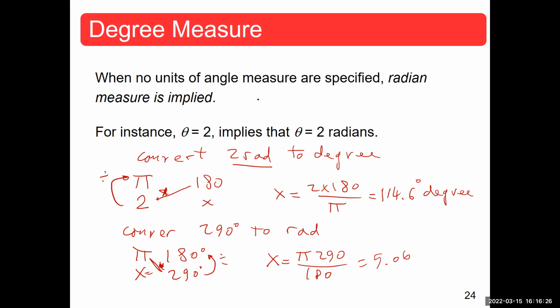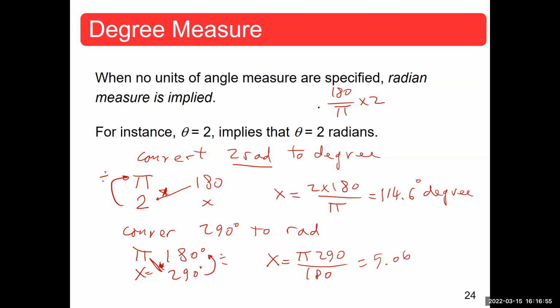The other way, what they said, if you're converting from, let's say here, I'm converting 2 radian to degree. From, it should be in the bottom. So I have to write 180 over pi. Then that's called converting factor, then multiply it by 2, which is correct.